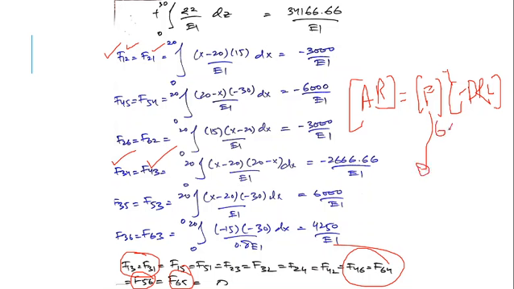This F has order 6 cross 6, and for this DRL matrix, in order to multiply these two matrices, the number of columns here should be equal to the number of rows here. The number of columns is 6 here, so the number of rows would be 6 and the number of columns would be 1. So these both can be multiplied, and it would be done in Excel. You can easily multiply these two matrices. So you have to find AR for this space frame, but for that you have to construct the DRL matrix. So the DRL matrix is your assignment, and you have to construct this.